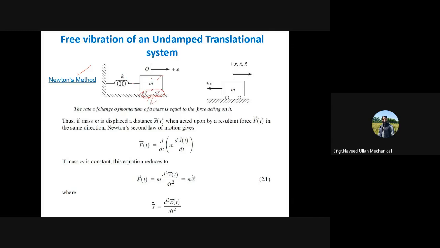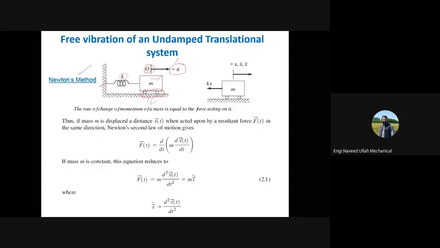And this is support. This is connected with this fixed support with the help of a spring having this stiffness K. This is the equilibrium position, okay? And similarly, the direction of the displacement is taken is positive in this way, right?